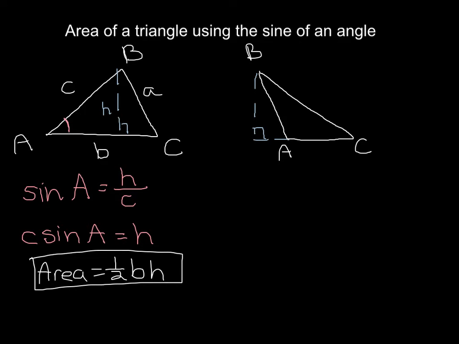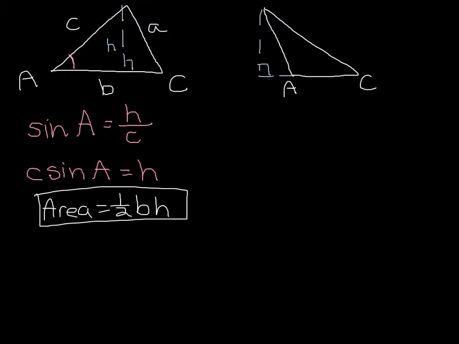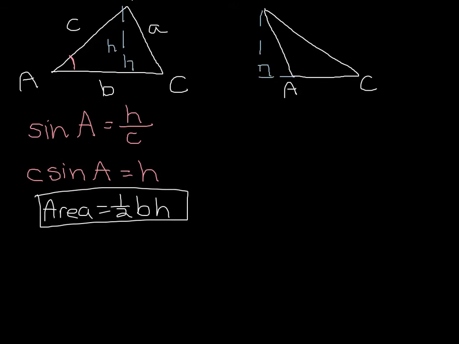This is why we need to be able to come up with an expression for the height, because normally when we're talking about our problems, we don't actually deal with the height. So we want to be able to use what we know and come up with an expression for the height real easy. Based on this, I'm going to substitute my expression for the height into the formula.